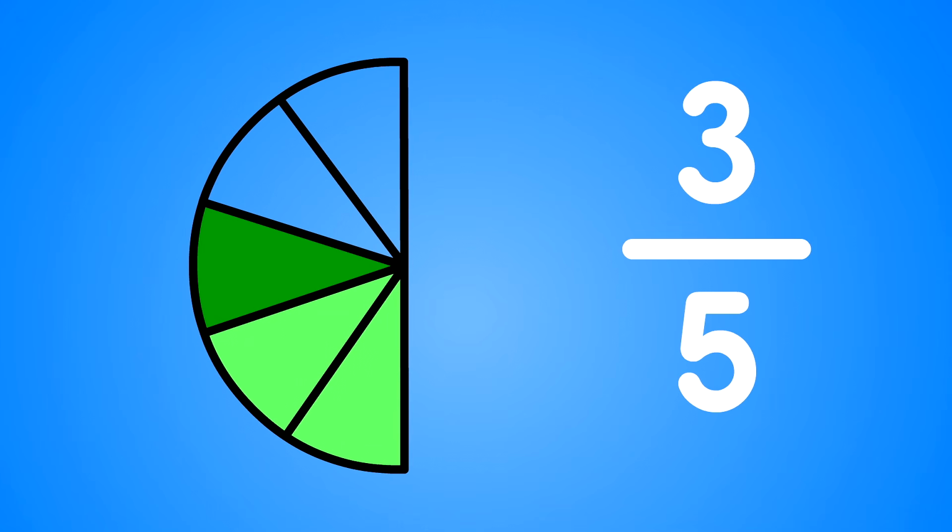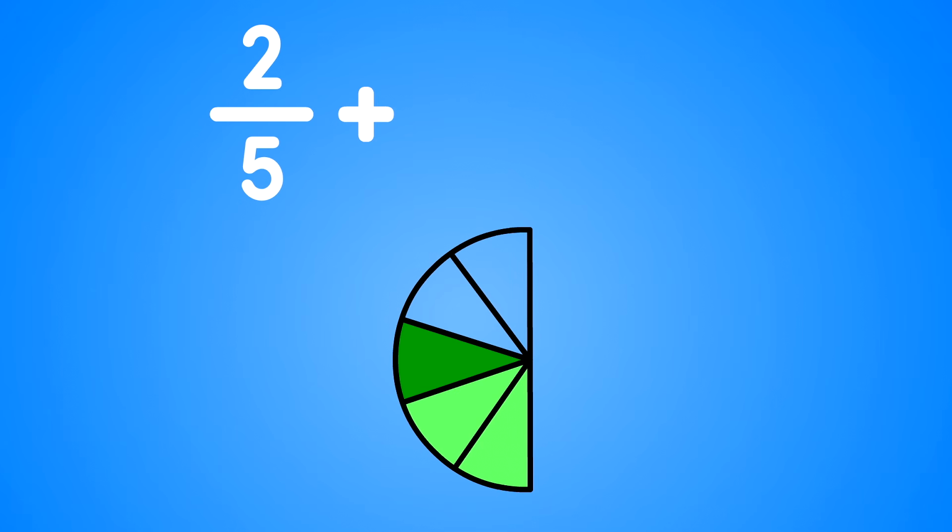There's 2/5 of this semicircle. If we add 1/5 of a semicircle, we have 3/5 of a semicircle in all. 2/5 plus 1/5 equals 3/5.